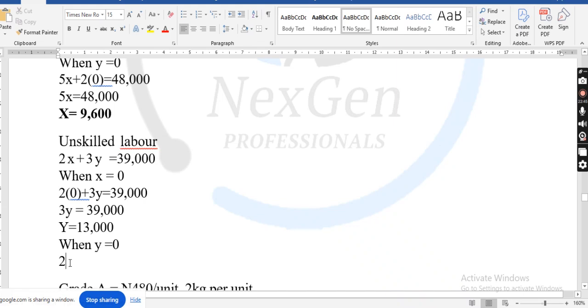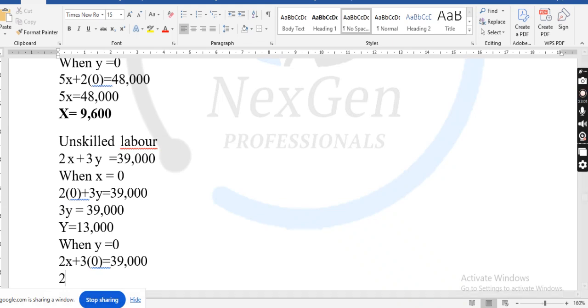So we have 2x plus 3 open bracket 0, equals 39,000. So this is 2x plus this is 0 equals 39,000.